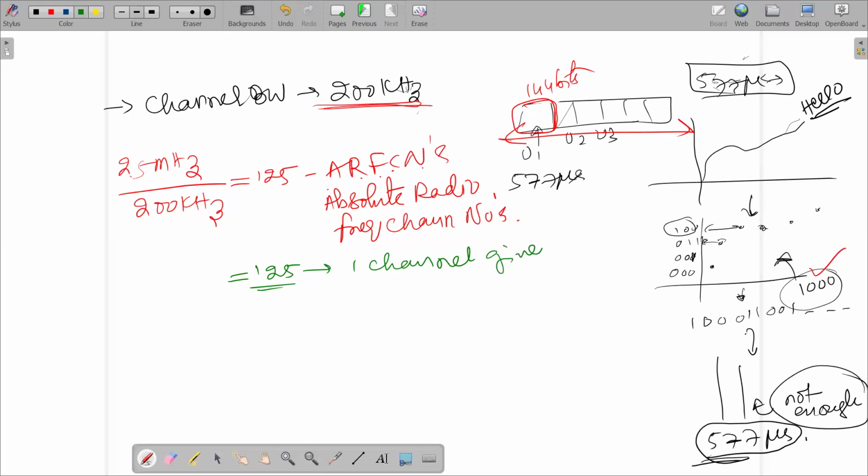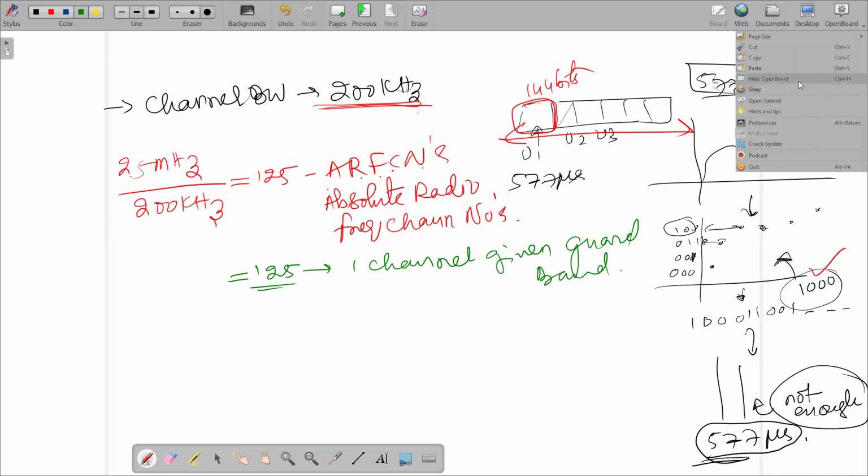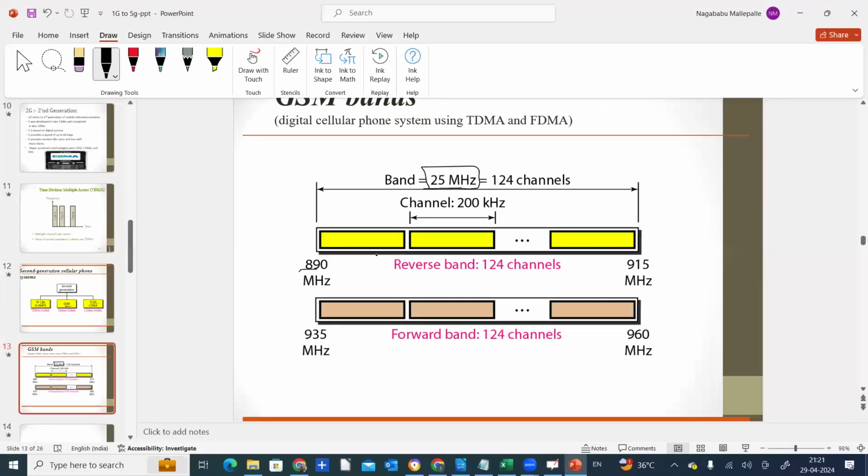What do you mean by guard band? Here the frequencies 890 to 915 are there. This side might be assigned to some other communication, and the other side to a different communication. So there should be a guard band between these two different services.